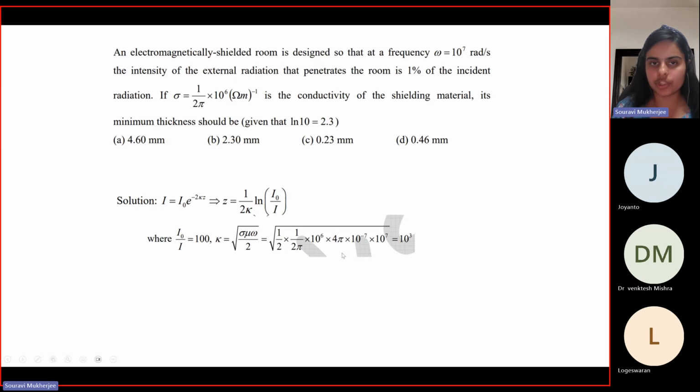So now if you put these expressions in, you'd get an expression for k. And once you find k, you can use this relation to find z. So this gives you the value of the minimum thickness that should be required such that only 1% of the radiation penetrates.